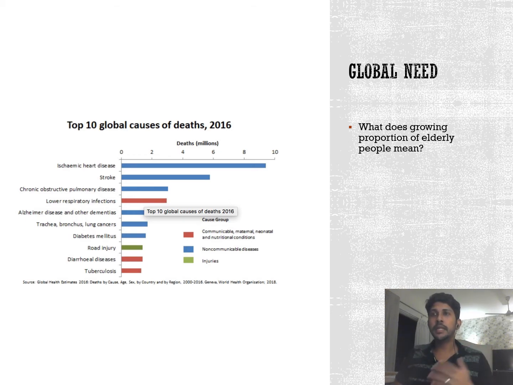the leading cause of death is ischemic heart disease, which can lead to chronic heart failure among the survivors of ischemic heart events. And then stroke, the survivors of stroke, chronic obstructive pulmonary disease, lower respiratory tract infections.